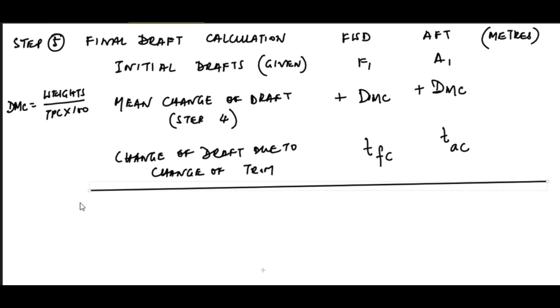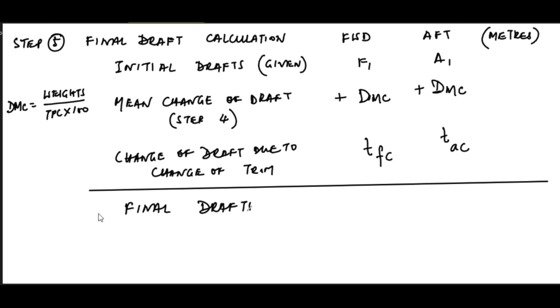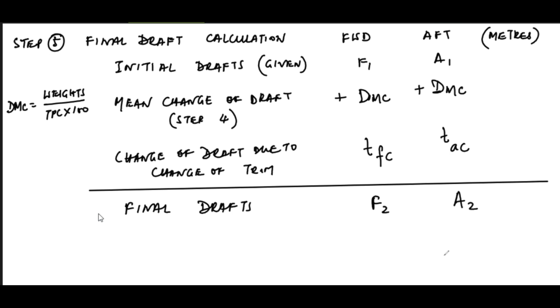How will we decide the sign? This will give me the final drafts, F2 and A2. The question is, what will be the sign for TFC and TAC? What will be the sign?